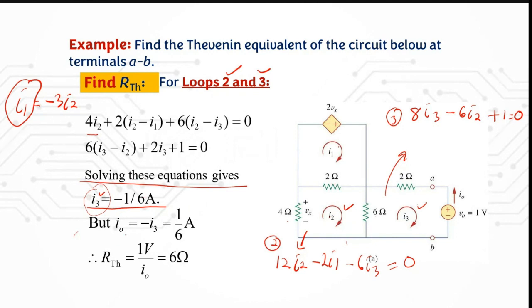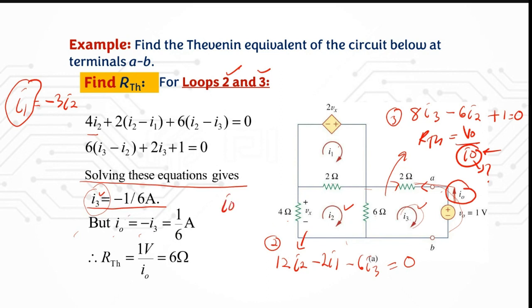And then you know that I naught here, we want to find this I naught because RTH is equal to V naught over I naught. All right, we want to get this value. I naught is obviously this mesh, which is equal to this I3. Because the direction is opposite, this one is here and the direction of I3 is here, so you need to put the negative I3 for the I naught.